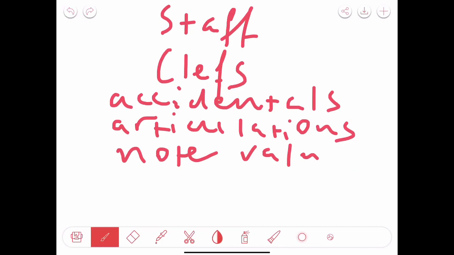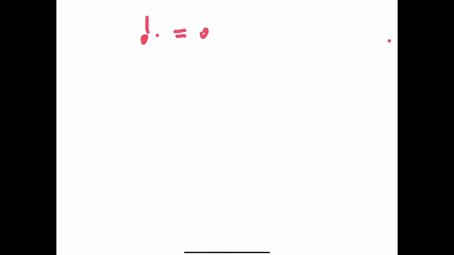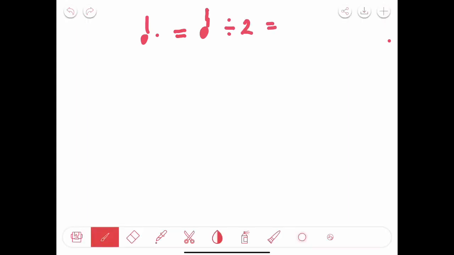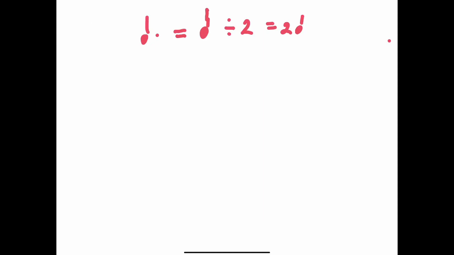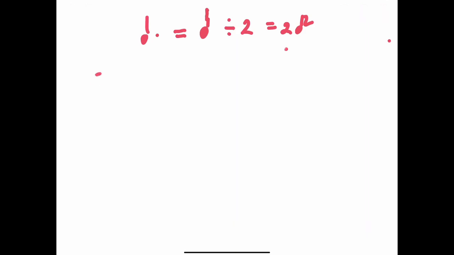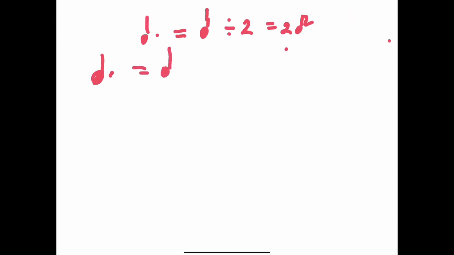and the rests. So if you have a dotted quarter note, that means it's a quarter note that needs to be divided in half, and now you have 2 eighth notes. Okay, so you get one of those, and you take that quarter note, and that means that you have 1 plus an eighth note, okay?